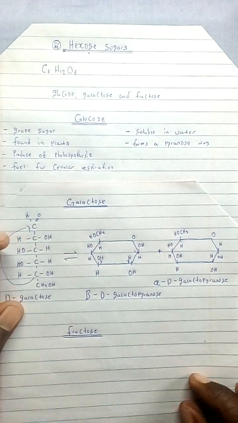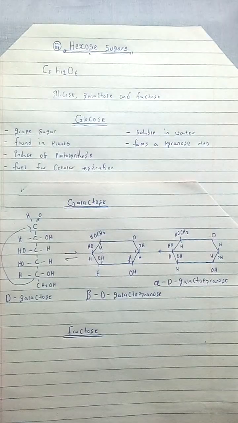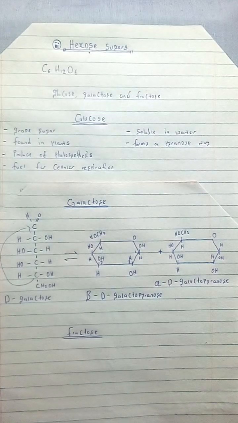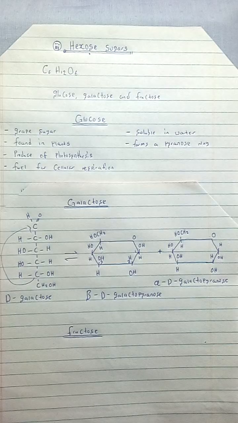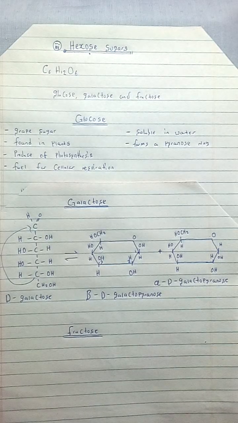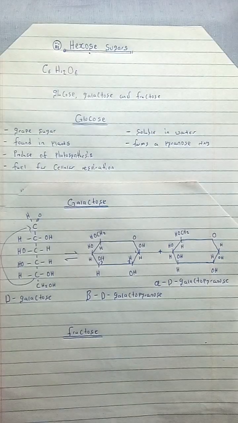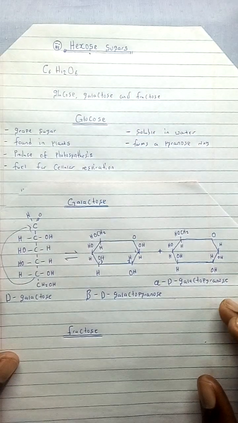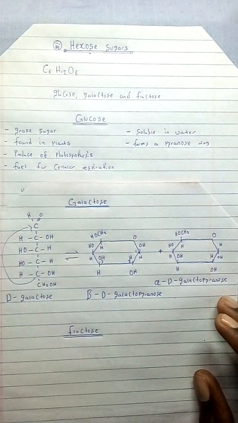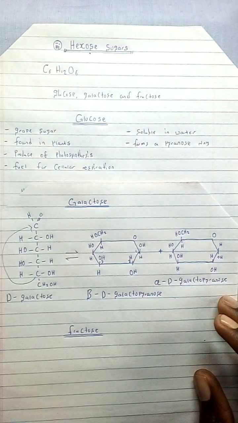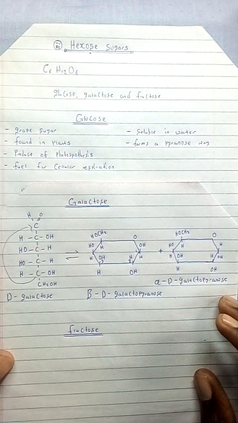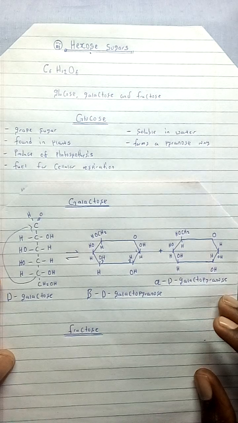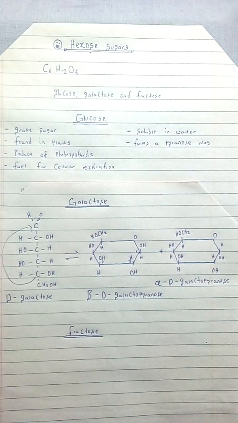So this is now fructose. We need to take note that fructose is a water soluble monosaccharide. It is found in things like honey, fruits, flowers, berries, and root vegetables.